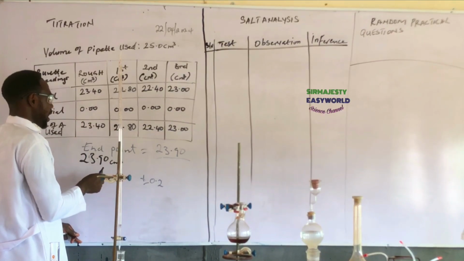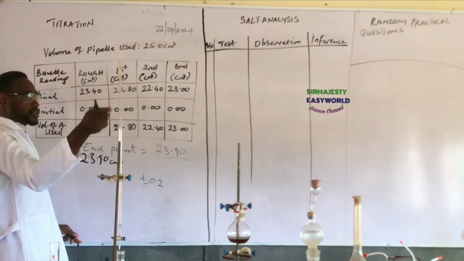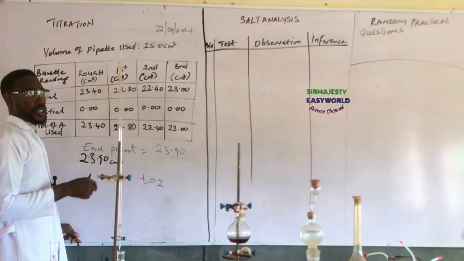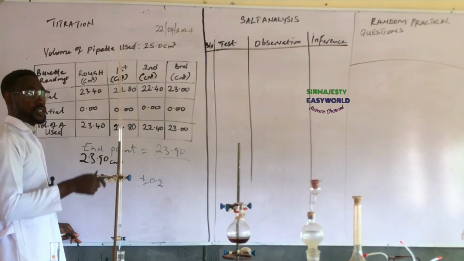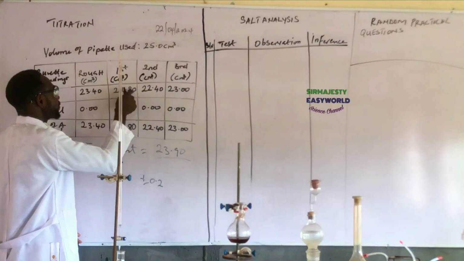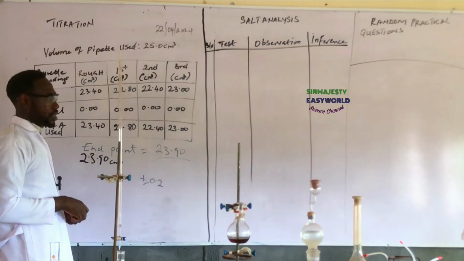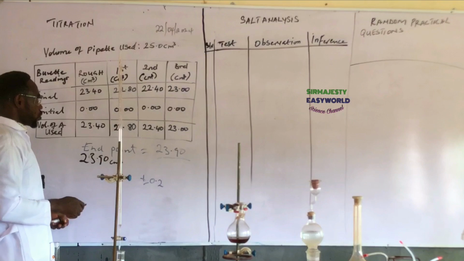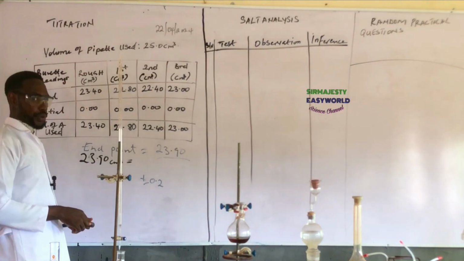You understand? And never write 23.45 under burette reading, because the accuracy of this burette reading, the least number it can read is 0.1. It cannot read 0.01. See what I mean? You are not allowed to write 2.85, it's not possible. This is not calibrated to give such a reading. You get that now? Okay? So what I mean is, this is what my teacher said he will fill in the practical report.